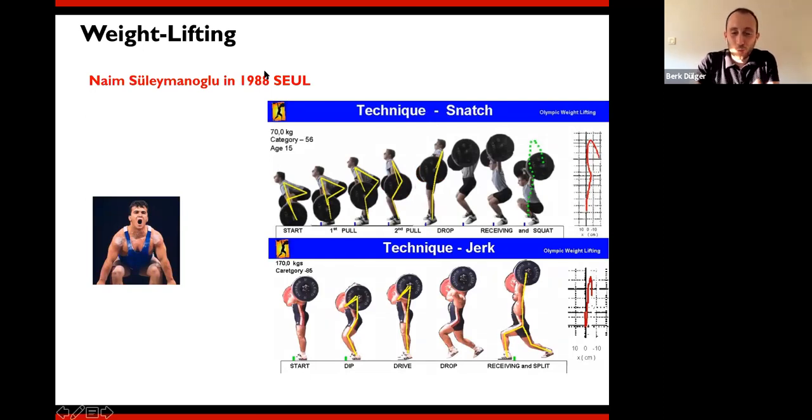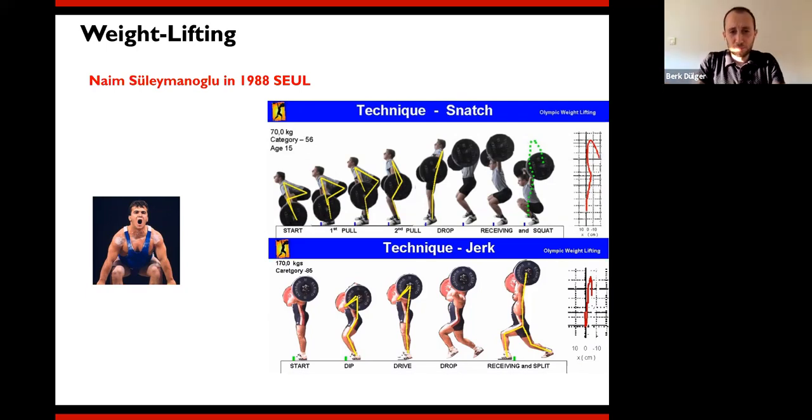Maybe you are familiar or not familiar with weightlifting. Naim Süleymanoğlu is a champion weightlifter, a Turkish guy who has many Olympic and World Championships. And you know, there are two different disciplines in weightlifting. The first one is snatch. You directly get the weight up, and in the jerk, you do it in two different steps. First, you put it on your chest, and later you go all the way up.